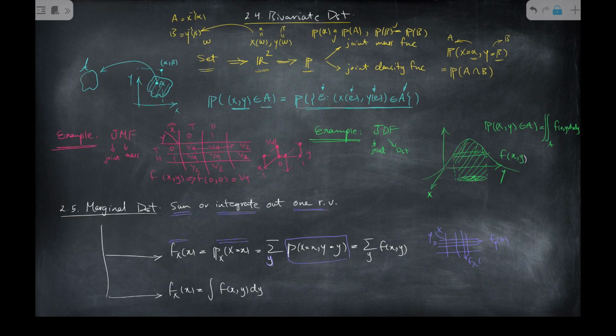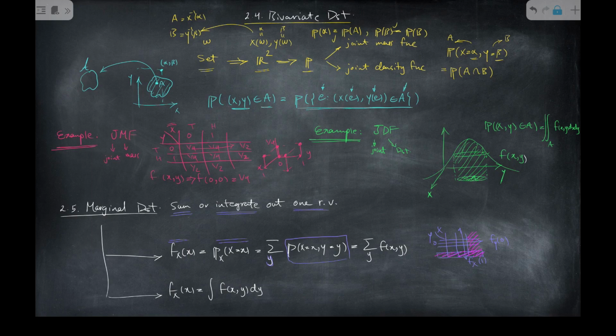And this is my f of x for 1. Okay. And this is called marginalization because we are writing in the margin. This figure is already complicated, but let's change the color. So we write in the margins the summation. So this is called marginalization.